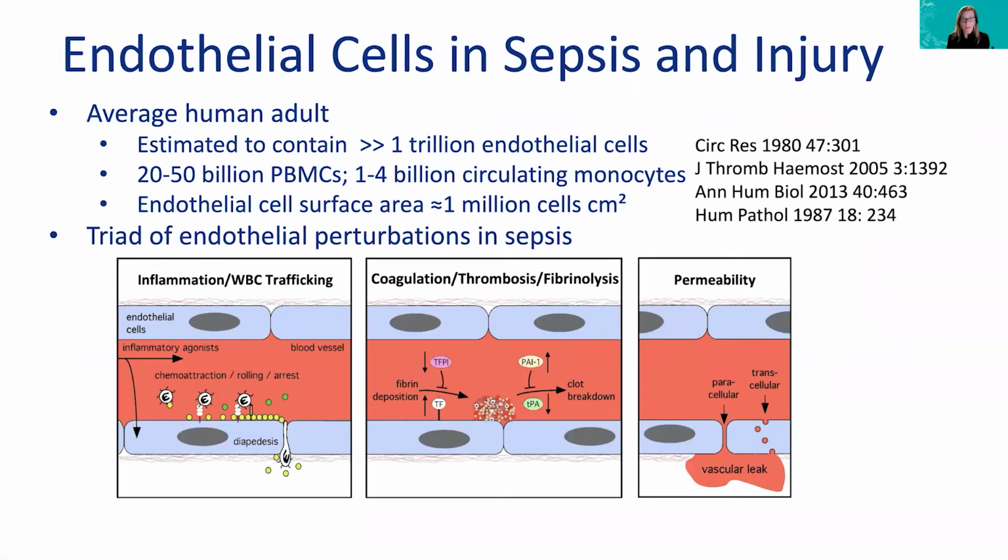The human body contains more than 1 trillion endothelial cells. Due to their widespread distribution throughout all organs and tissues, endothelial cells are uniquely situated to sense and respond to invading pathogens and injury. Under optimal conditions, endothelial cells promote beneficial immune responses, fine-tune coagulation pathways, and regulate the vascular barrier.